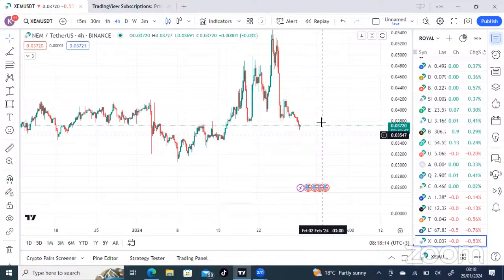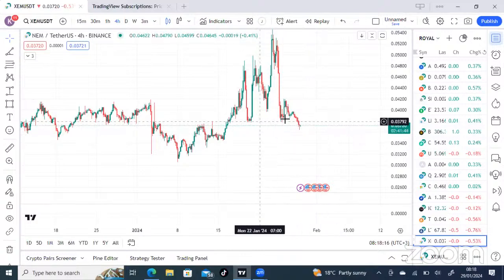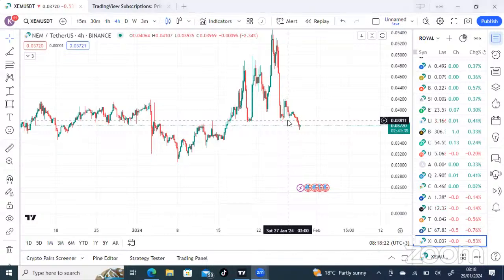You see, if you had drawn your support at this area, anybody on the call would agree with me that all of us could see a reversal. How many of you could say this was a very good reversal if you could consider this and you consider this? How many of you agree with me that this move here was a very good reversal?